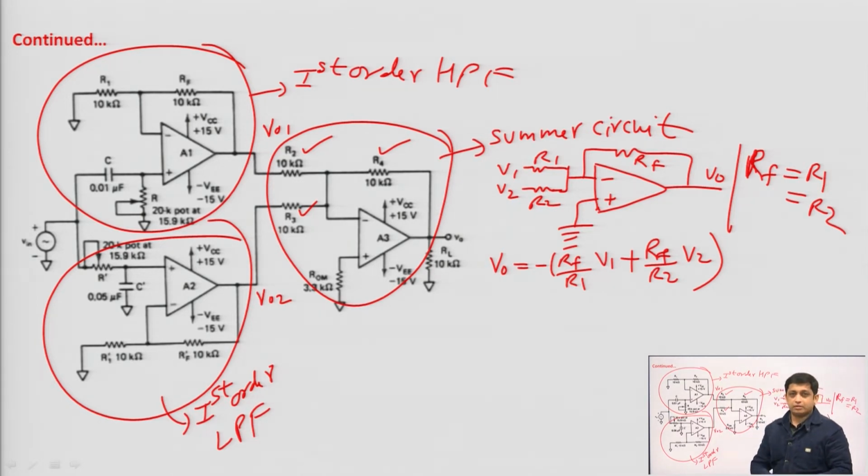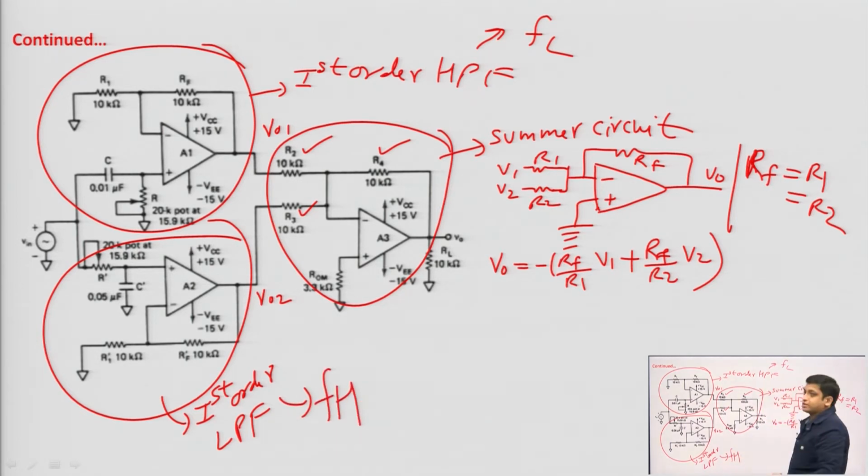So, to design wide band reject filter, we need 3 op amps, A1, A2, A3. A1 is the first order high pass filter, A2 is the first order low pass filter, and A3 is the summer circuit, and the design steps are same. We all are familiar with the design steps. To design the wide band reject filter, firstly we will design the first order high pass filter to get a particular cutoff frequency FL. Then we design the first order low pass filter to get the particular cutoff frequency FH, and of course this is wide band reject filter, so in this case the FL should be greater than FH, fine.